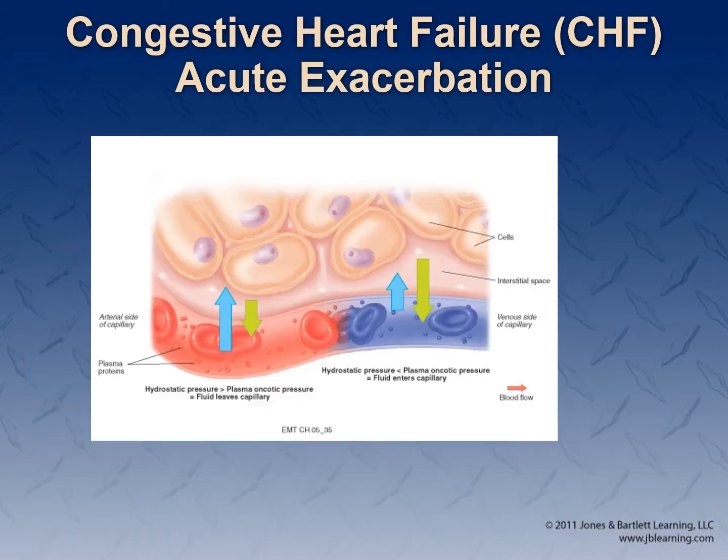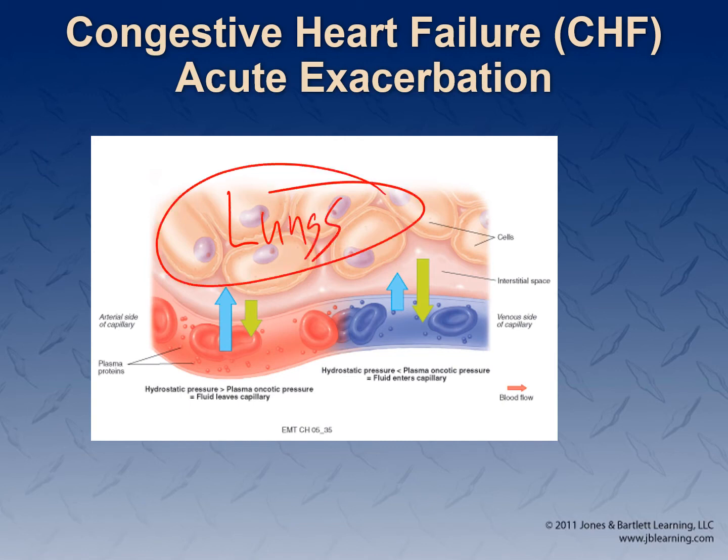So the short version of how pump failure leads to this is, let's say that these cells in here are our lungs. And you have to use a little bit of imagination here, because when we're coming into the lungs, this blood is going to be deoxygenated, and then the venous side is going to be oxygenated blood here.